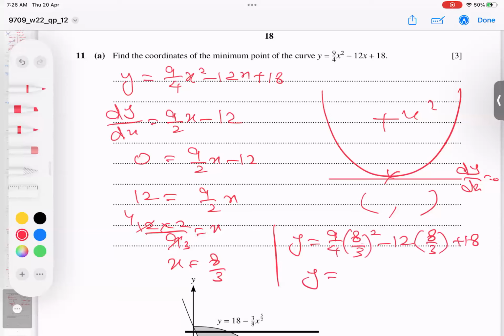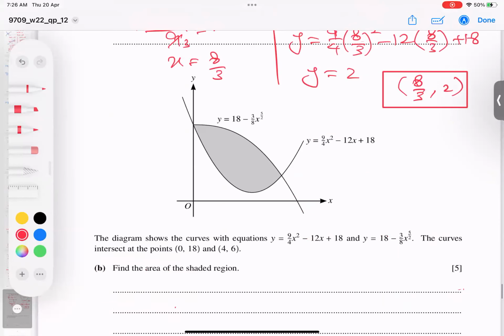When I type in the calculator, 9 by 4, 8 by 3 square, minus 12, it is coming 2. So the point I'm looking for is 8 by 3 comma 2. I hope the point is very, very clear. And now we can go for the next one.